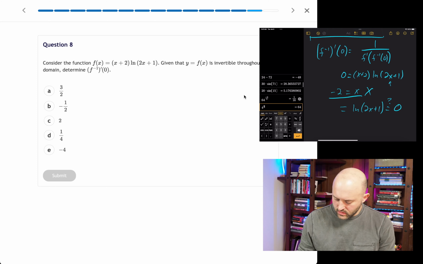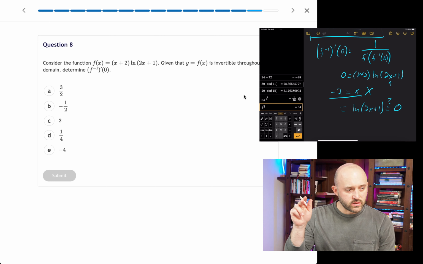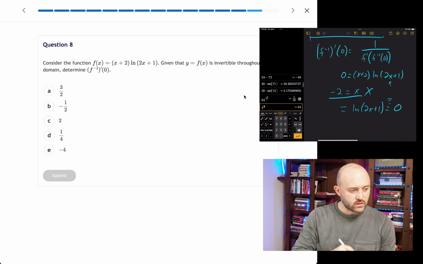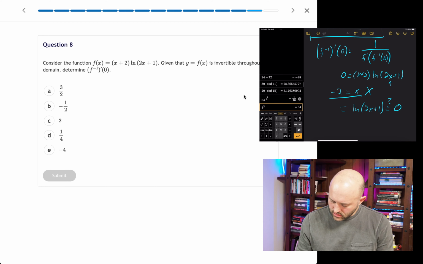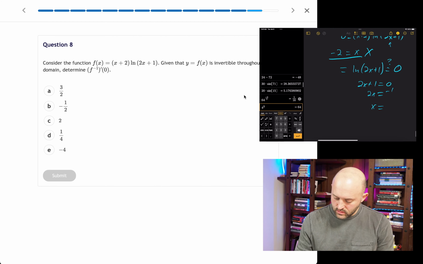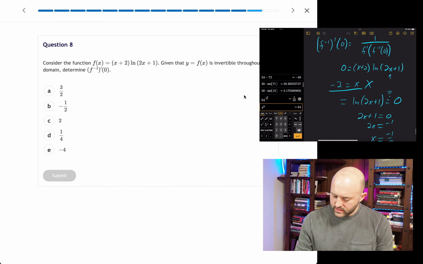Natural log crosses 0 at 1, right? Yes. So it's when 2x plus 1 equals 0, which means 2x equals negative 1, which means x equals negative 1/2 will give us a valid solution.